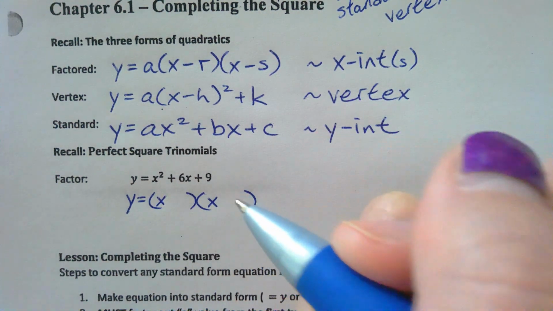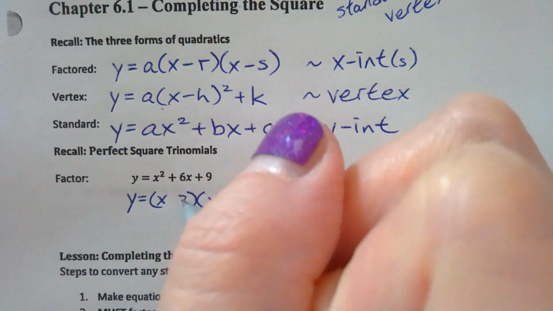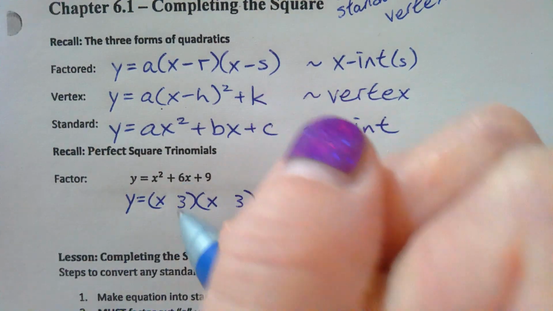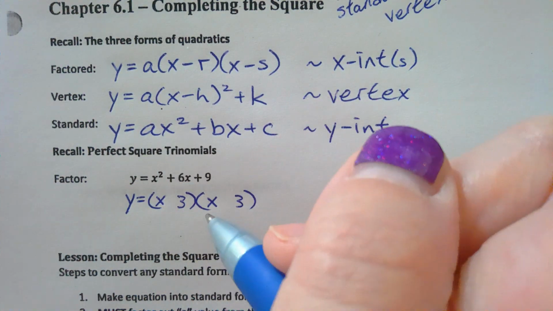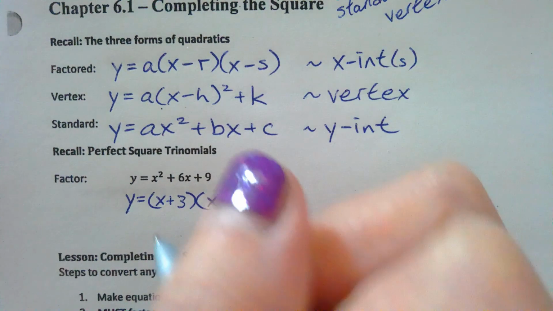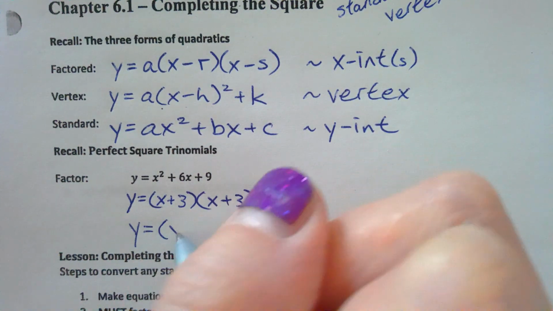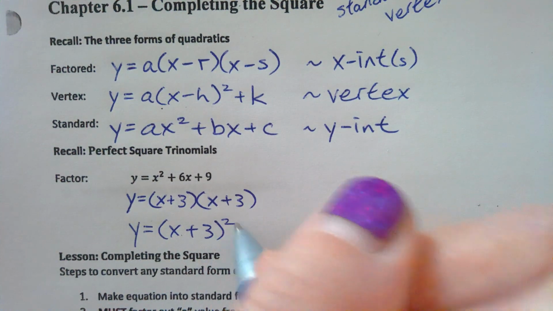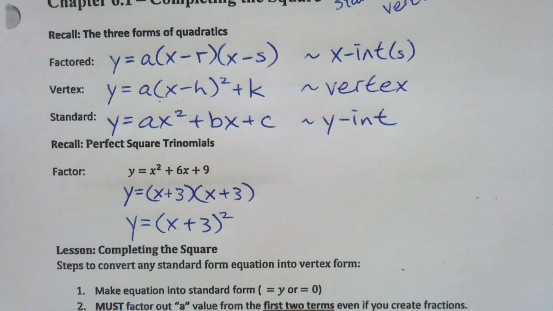Okay, so 9 is 3 squared. So 3 and 3, and then what's the sign in between them? There is a middle term, so it's a plus and a plus. So you get y equals x plus 3 squared. Right?